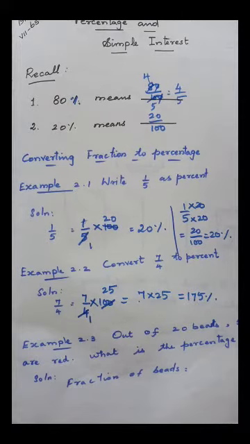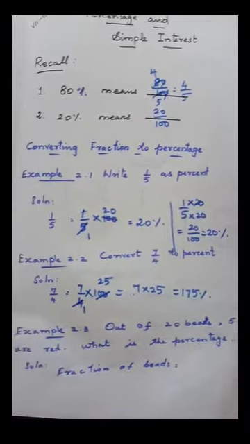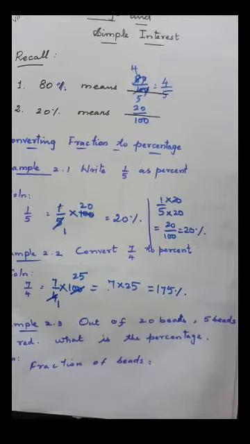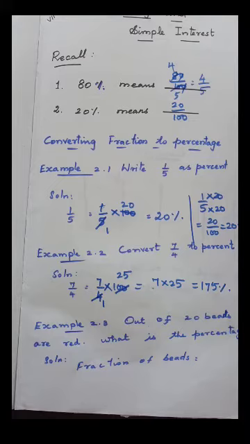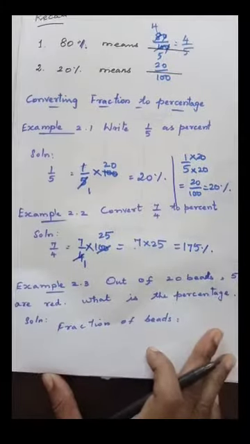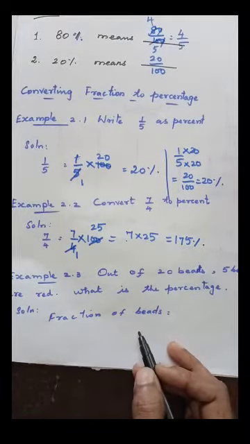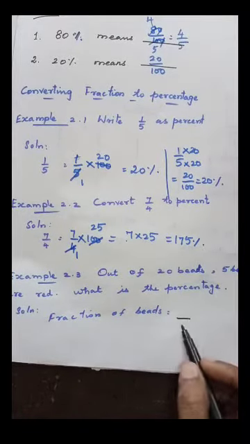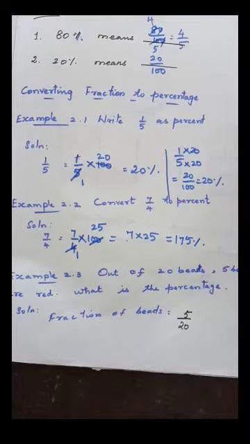Then we shall move to example 2.3. Out of 20 beads, 5 beads are red. What is the percentage? You have to find the fraction of beads. Out of 20, 5 beads are red.